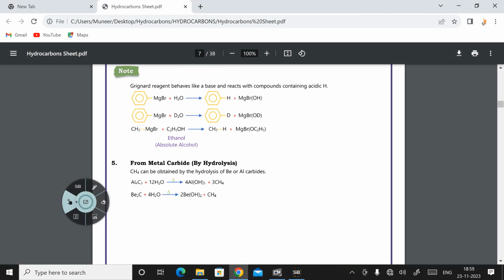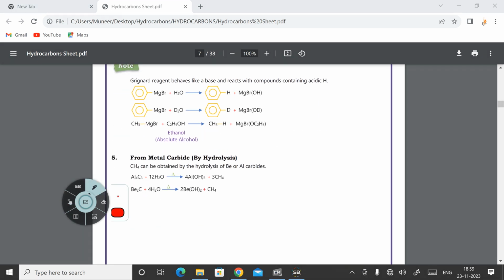And this is Grignard reagent. When phenyl magnesium bromide is treated with water, benzene is formed. This is benzene, first one. And phenyl magnesium bromide with D2O instead of HOH gives deuterobenzene and MgODBr. Isn't it? Similarly CH3MgBr plus C2H5OH.